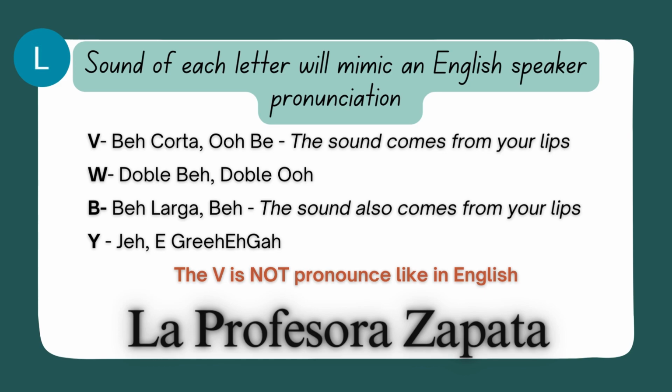The W is W or W. The B, you can say B larga, like a long B, or you can say B. The sound also comes from your lips. And the Y, you can say J, as I mentioned before, or you can say Y.